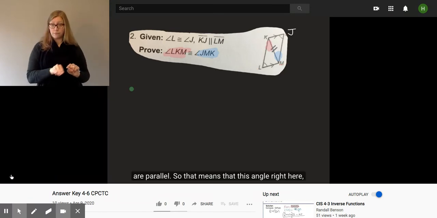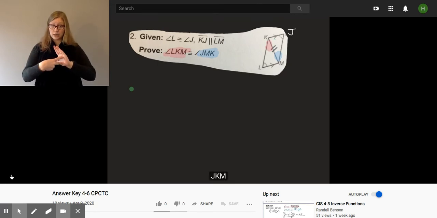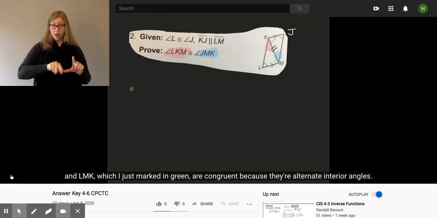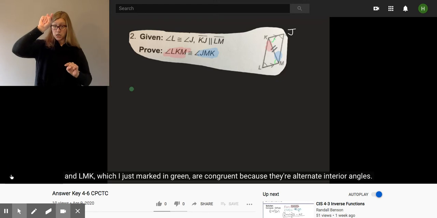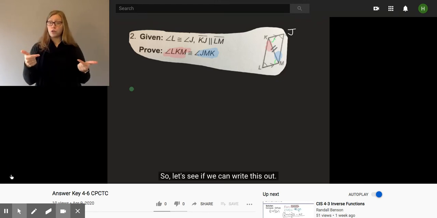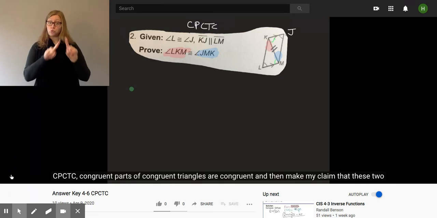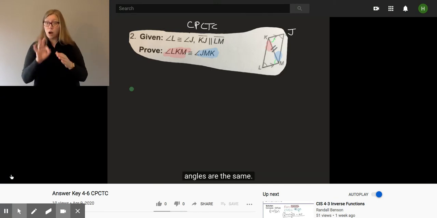So angles JKM and LMK, which I just marked in green, are congruent because they're alternate interior angles. Once I show that the two triangles are congruent, I can use CPCTC, and then make my claim that these two angles are the same.